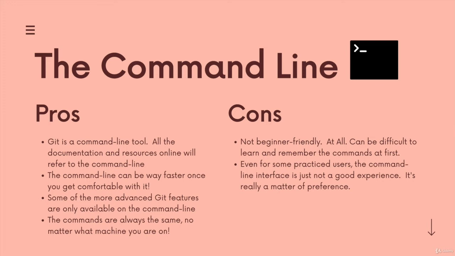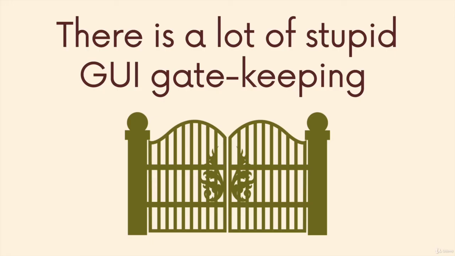The commands are always going to be the same from one command line to the next, assuming you're using a Unix-based shell. It doesn't matter whose machine you're on. The commands are consistent, and Git is created as a command line tool. So all the documentation, tutorials and resources are oriented around the command line. So there's a lot going for both sides.